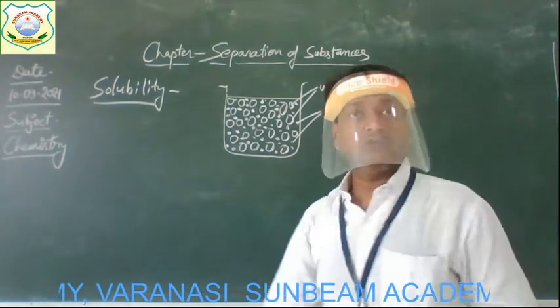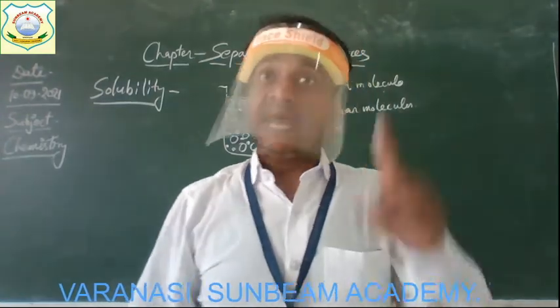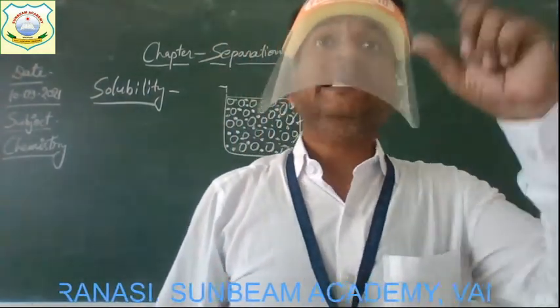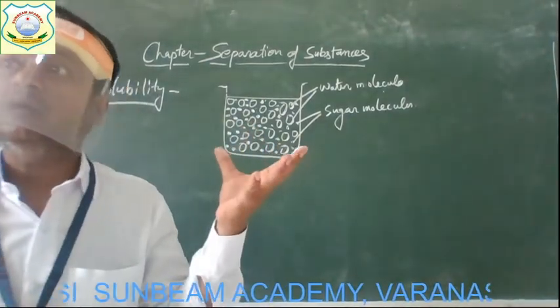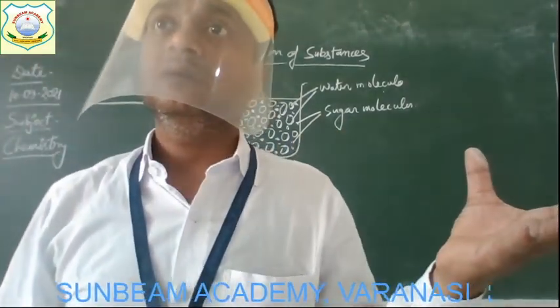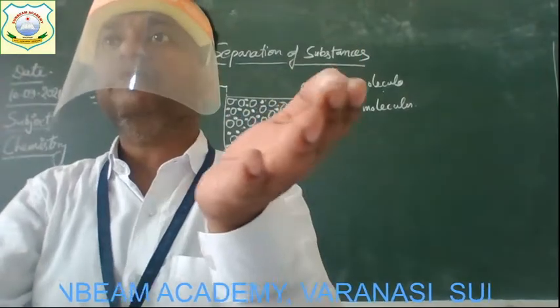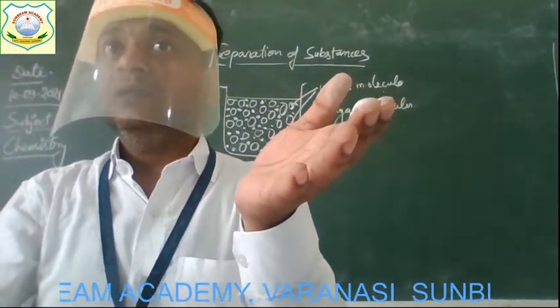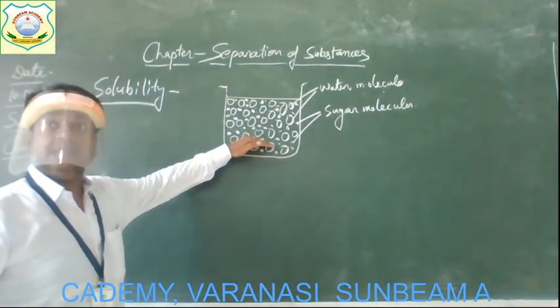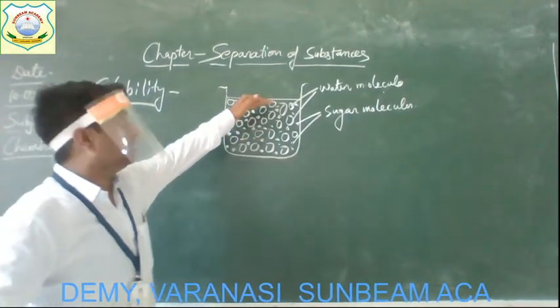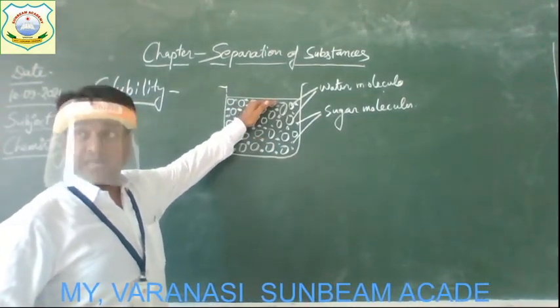And these are sugar molecules. That is why when you taste this liquid of water and sugar, you feel sweet. The overall solution feels sweet. You cannot say that the bottom of the glass is sweeter and here it is less sweet.